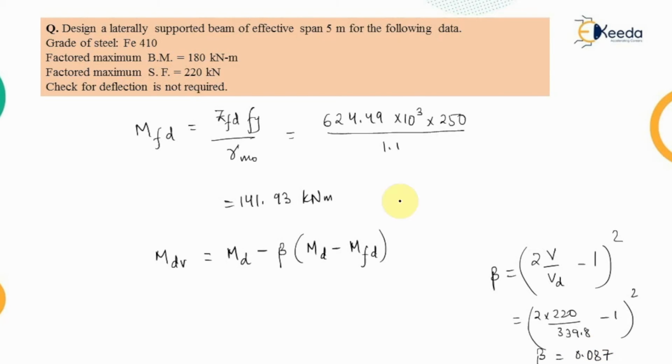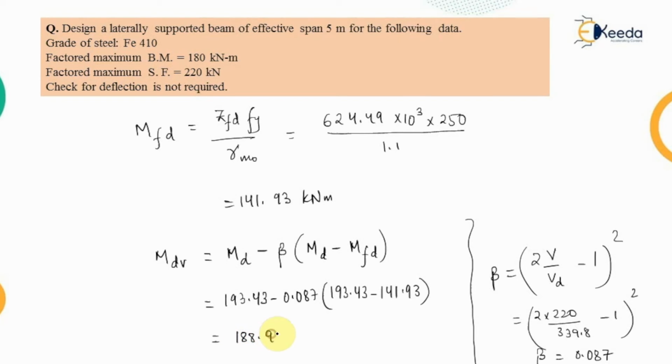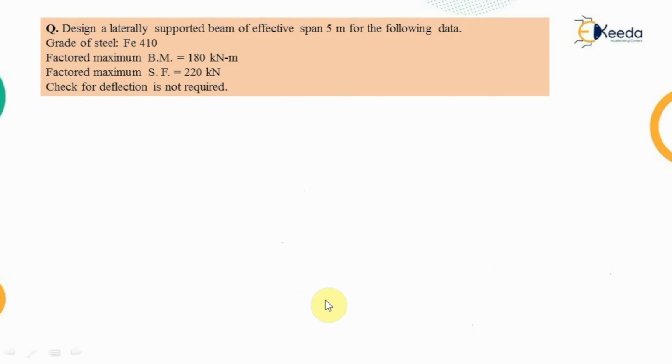So if we place this value in this equation, MdV will be obtained as MD, which was 193.43, minus 0.087 into (193.43 minus 141.93). So from here, by applying the reduction factor, we have obtained a suitable value which is 188.95 kilonewton meter.